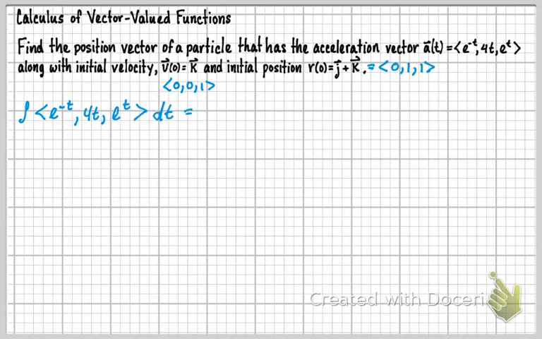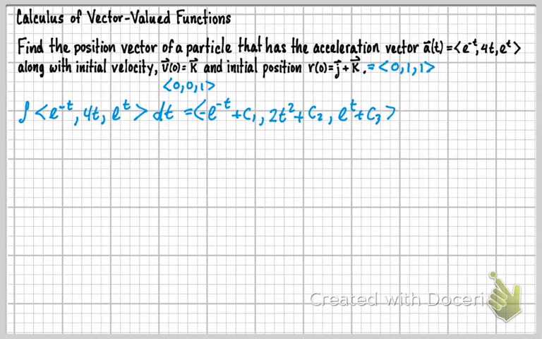That's going to equal negative e to the negative t plus c1, comma, 2t squared plus c2, comma, e to the t plus c3. Since we have these initial conditions for both velocity and position, we'll be able to find out what c1, c2, and c3 are specifically. That's the nice thing about having initial values.